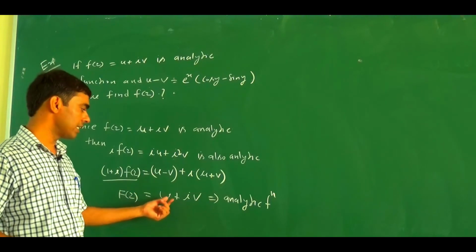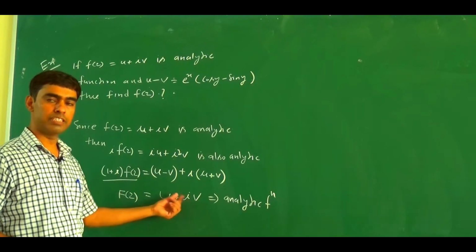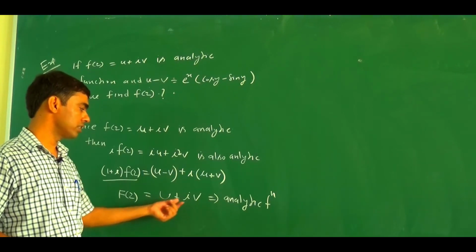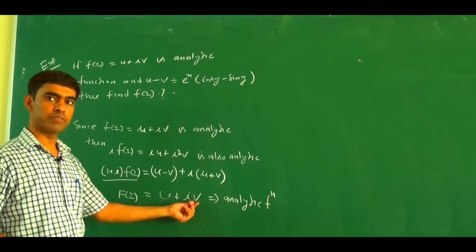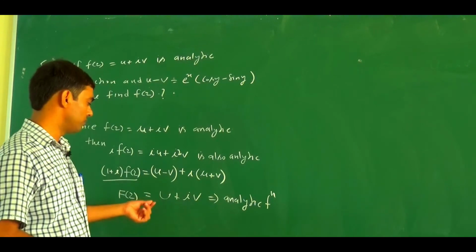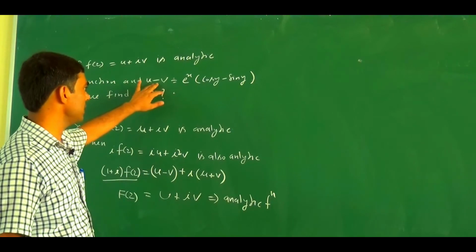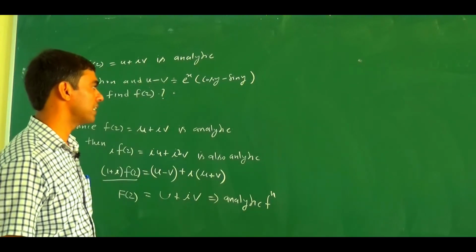Now, if this one is analytic, then the real and imaginary parts are harmonic conjugates. Meaning the harmonic conjugate of U is V and the harmonic conjugate of V is U. So, if U is given, then we are able to find V. Now, here what is given? u − v is given, meaning capital U is given.